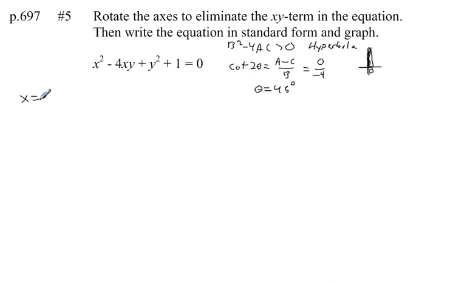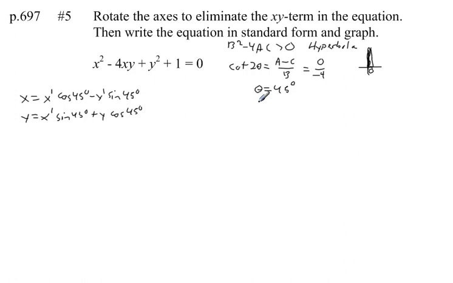One of them is x equals x prime times the cosine of theta, which in this case is 45 degrees, minus y prime times the sine of theta, which is 45 degrees. The other equation looks very similar: y equals x prime times the sine of 45 degrees plus y prime times the cosine of 45 degrees.